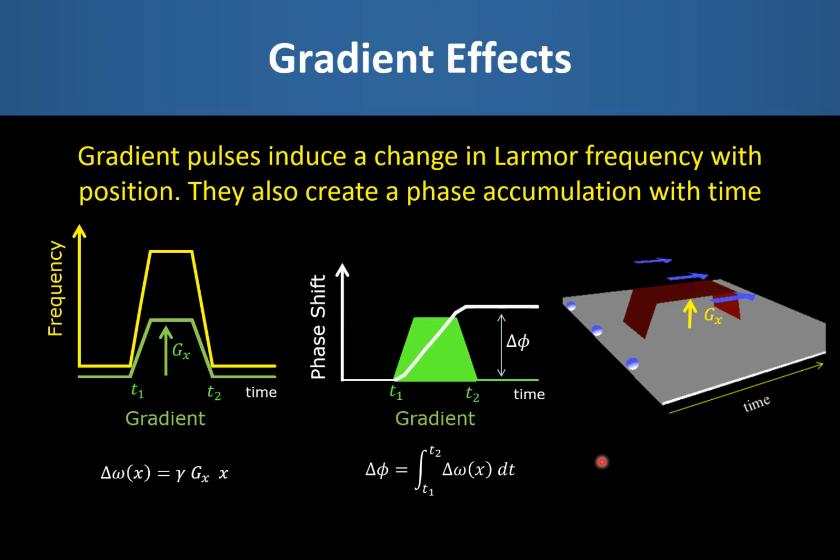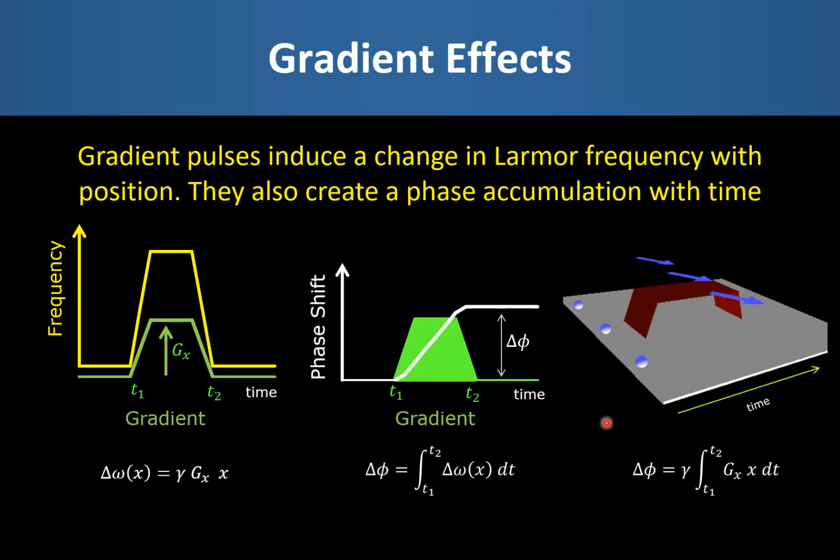I will show the animation in the next slide, but it is important to note how the middle spin will precess faster in the presence of the magnetic field gradient, whereas the other two will not. However, at the end of the gradient pulse, all three spins will precess at the same frequency, but note that the middle spin will be 180 degrees out of phase compared to the other two.